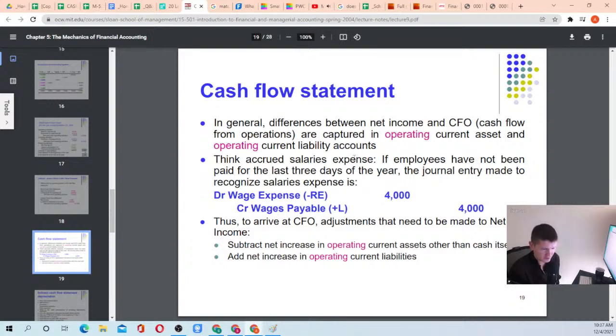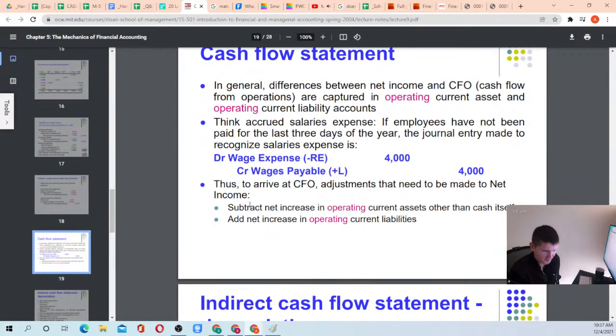Think accrued salaries expense. If employees have not been paid for the last 3 days of the year, the journal entry made to recognize the salaries expense is debit wage expense, credit wage payable. Thus, to arrive at cash flow from operations, adjustments need to be made to net income.